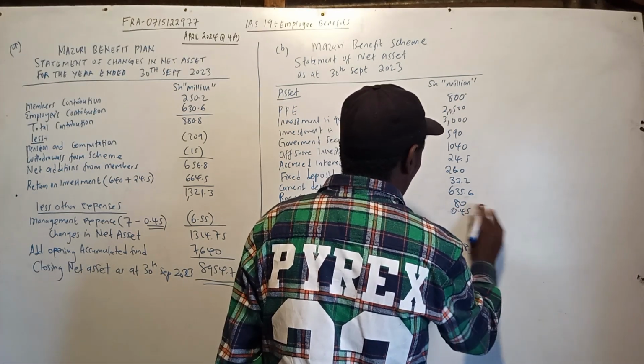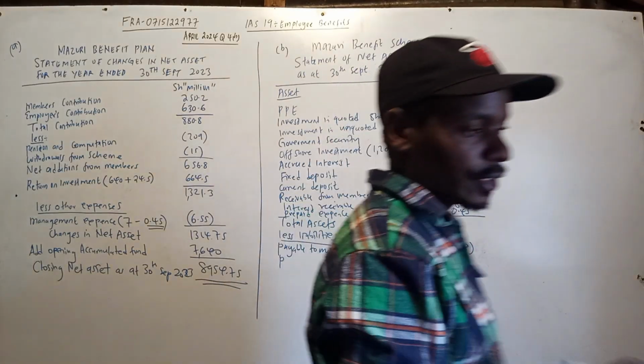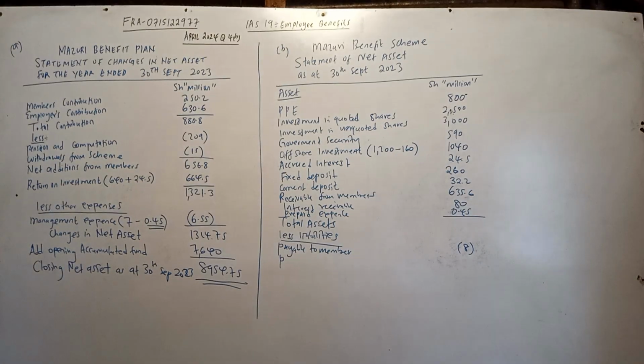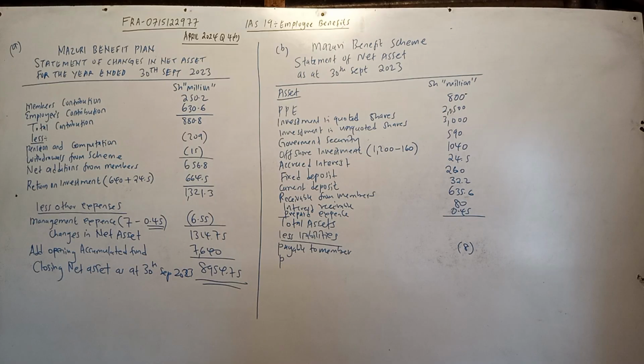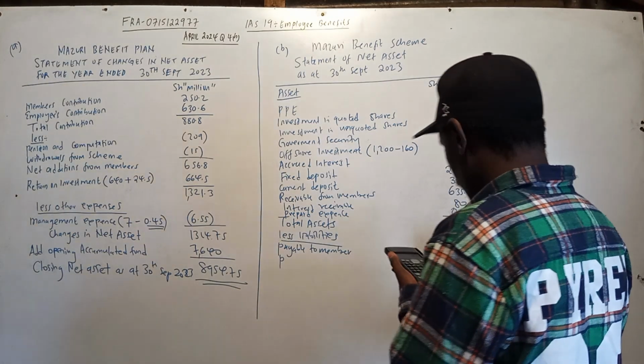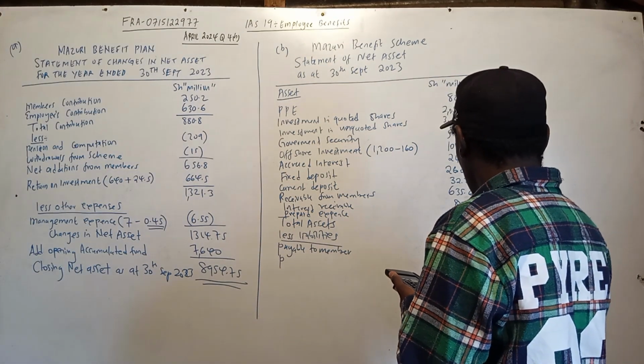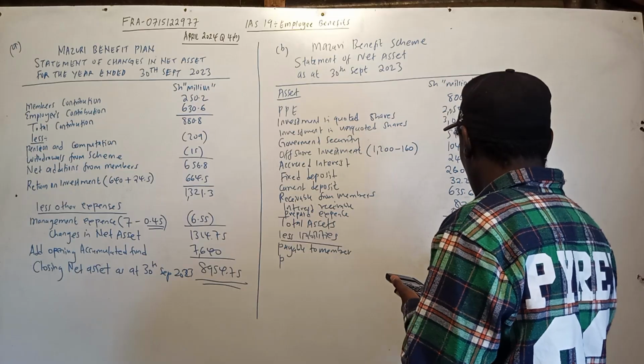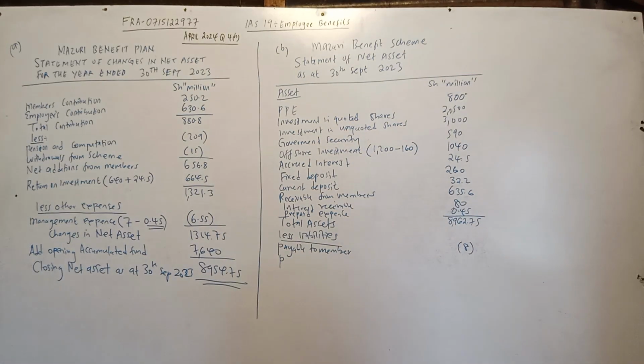Then we get the total assets, so plus 0.45, which gives 8962.75.